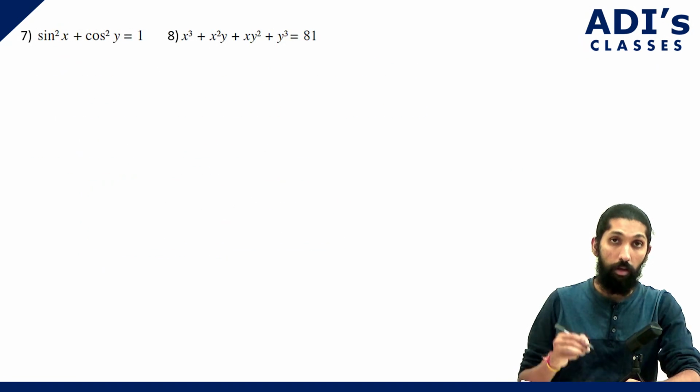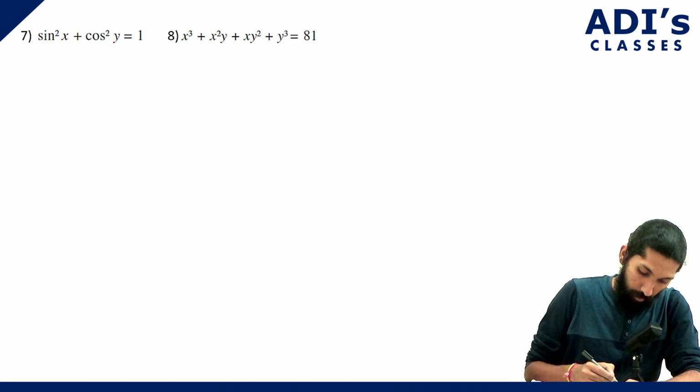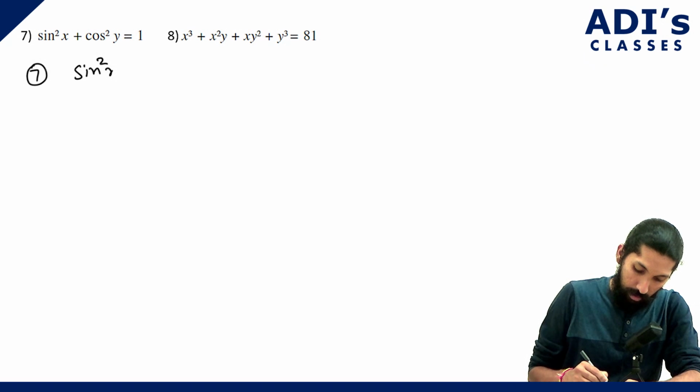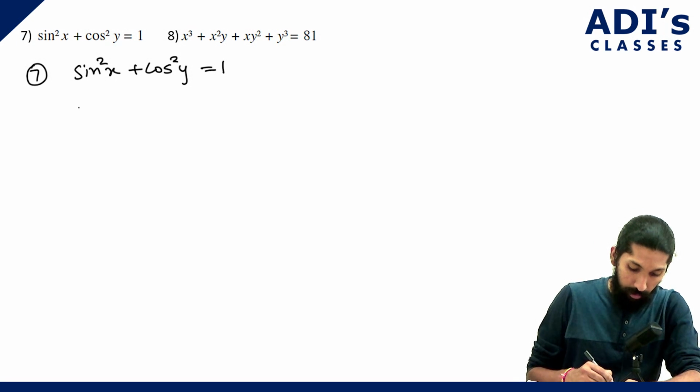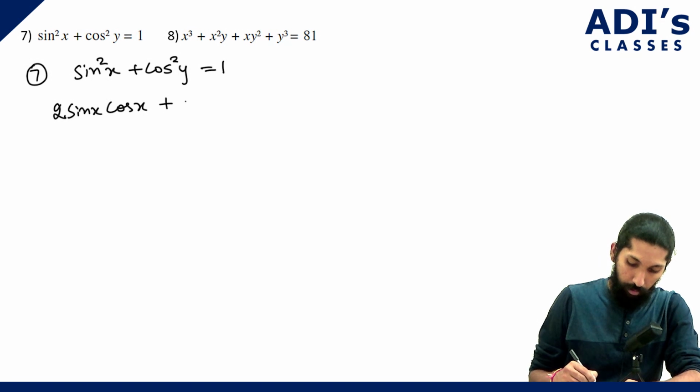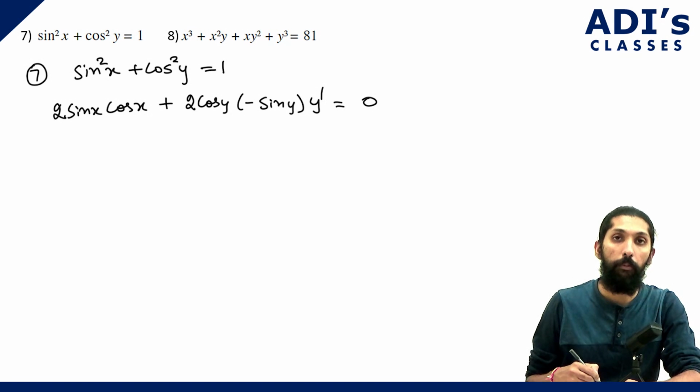Now let's solve the 7th one. See, 7th one you have sine square x plus cos square y is equal to 1. Right? Now differentiate: 2 sine x into cos x plus 2 cos y into minus sine y into y dash is equal to 0.